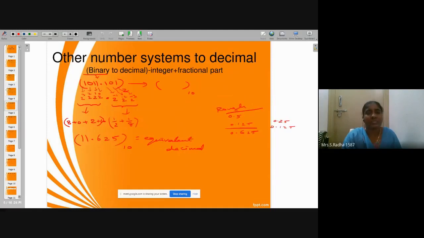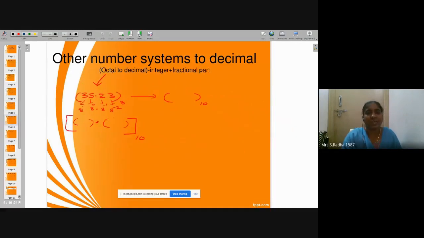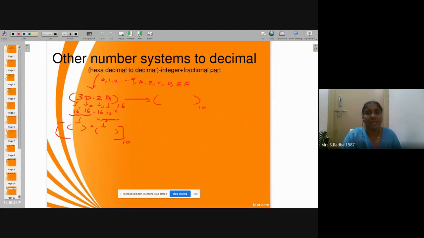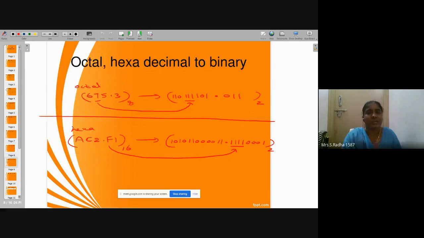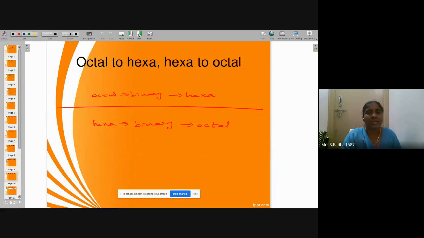Then binary to decimal, octal to decimal, hexadecimal to decimal, both integer and fraction. Then binary to octal, binary to hexadecimal, octal to binary, hexadecimal to binary, octal to hexadecimal, hexadecimal to octal.